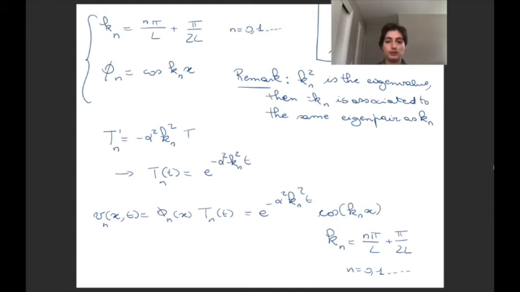So it's cosine kn x times the exponential of minus alpha squared kn squared t, for values of kn that go from n pi over L plus pi over 2L for n going from 0 to infinity, all the integers.